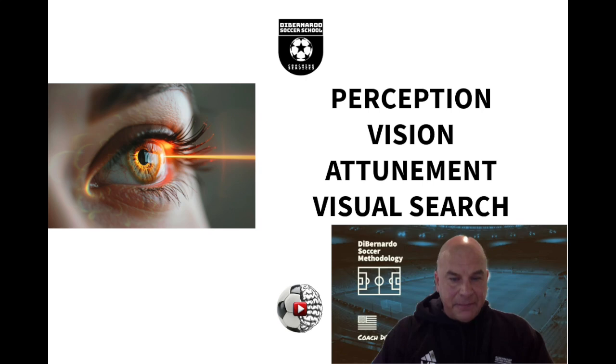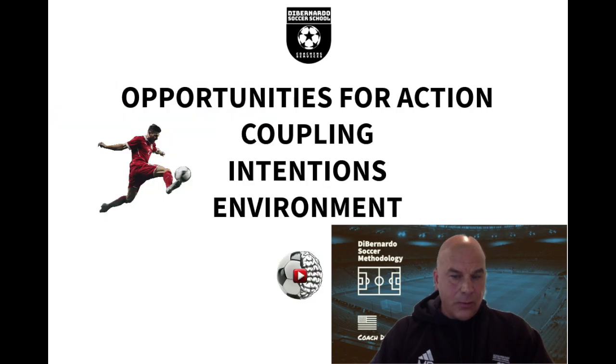And if I have the ability to kick the ball 40 yards behind the back line, that is called an affordance. That is an action that I personally am capable of doing. So the invitation for action opens up through direct perception, my visual search, and my affordance is what I'm capable of. And I can hit that ball 40 yards behind the back line, and that winger can run into that space and score.